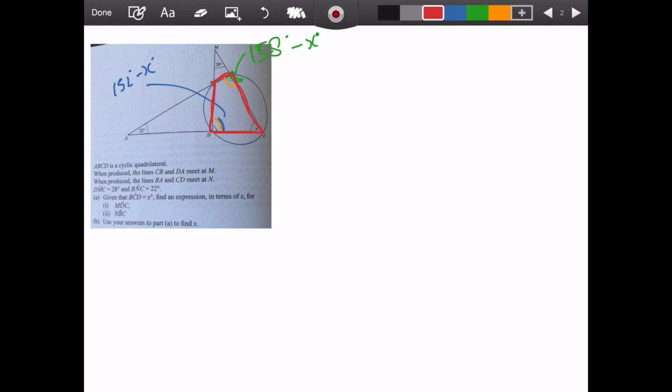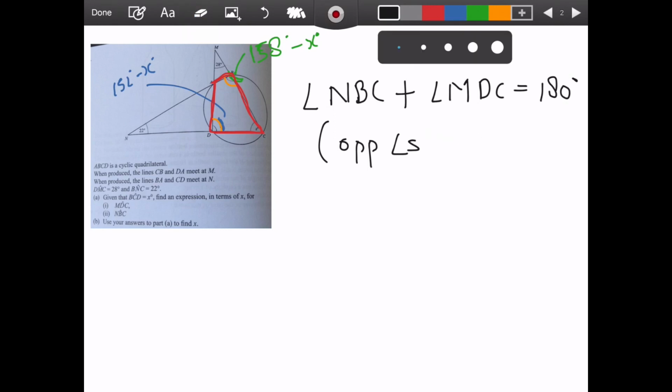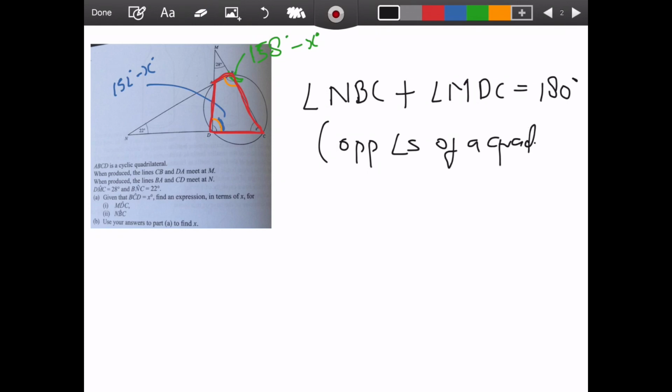Okay, so with that you can find out already. You can just put here, angle NBC plus angle MDC equal to 180 degrees. And the reason is because opposite angles in a quadrilateral in a circle are supplementary.